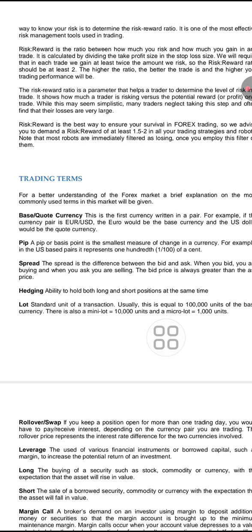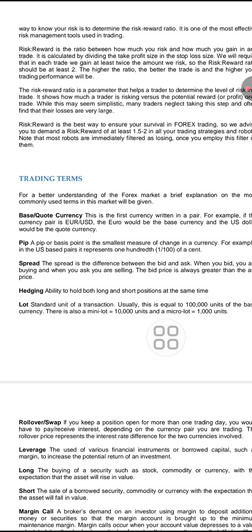If you're talking about naira, the smallest change can be what? Kobo. So if something went 100 pips, that was a high movement, a high change in the market price.